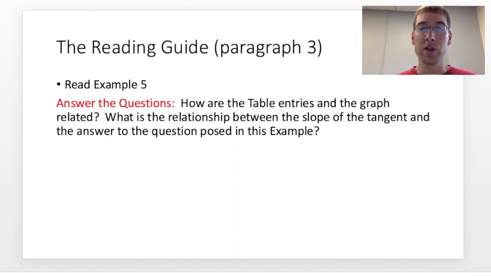The other question is, what is the relationship between the slope of the tangent and the answer to the question posed in this example? It turns out the slope of the tangent line answers the question. It tells us how fast the number of flies in the population was increasing on day 23. And so we've finished the reading guide. Hopefully this illustrated for you exactly how that process works.